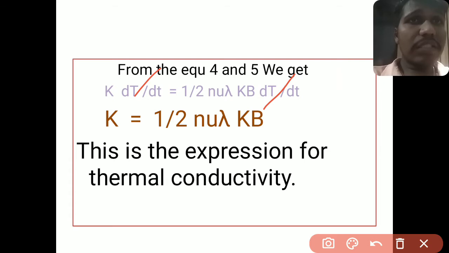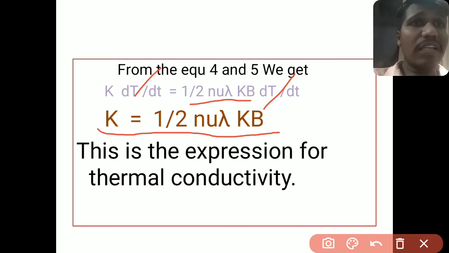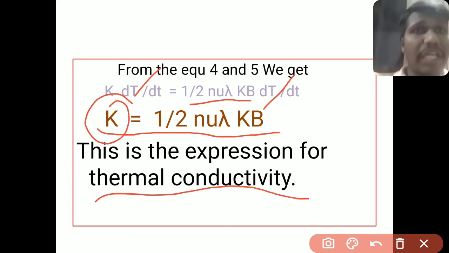So we are left with K is equal to 1/2 nu lambda kB, where n is the number of electrons, u is velocity, lambda is mean free path, kB is the Boltzmann constant, and K is the thermal conductivity of the metals. This is the expression for the thermal conductivity of the material in the free electron theory.